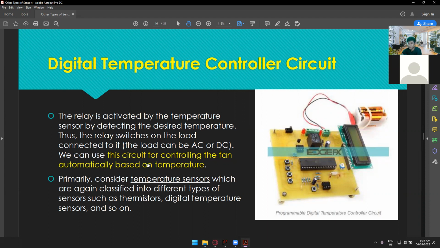If the temperature is quite high, then it will turn on the fan, maybe, based on its title. And if the temperature is low, wherein it's quite cold, then of course the fan will not be turned on. So yeah, that's how this temperature controller circuit works.